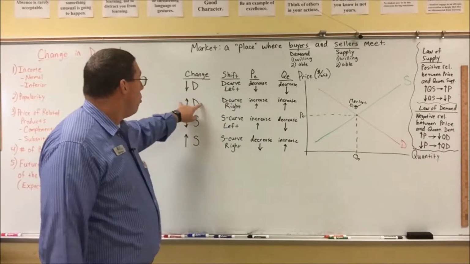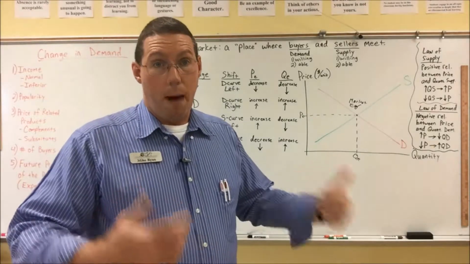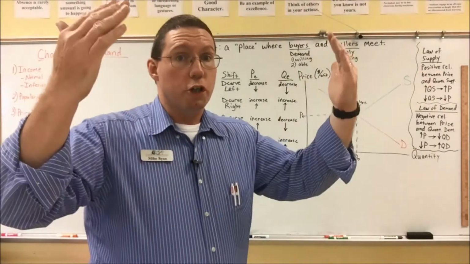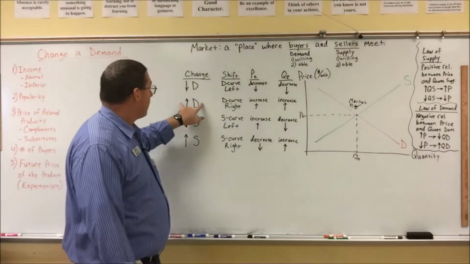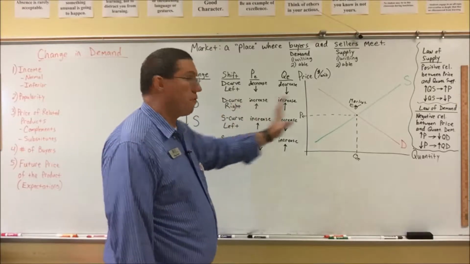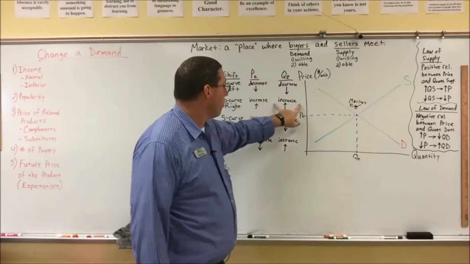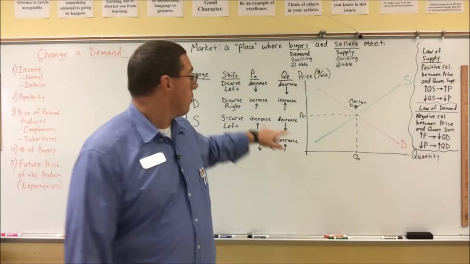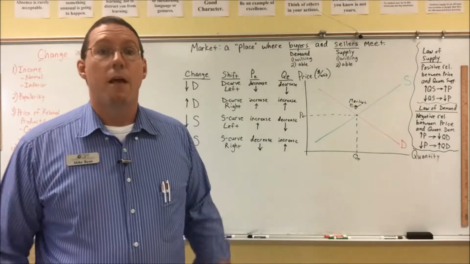But when the willingness and ability of buyers to buy gets larger, they're more willing or more able, then demand increases, and the demand curve shifts to the right, causing an increase in equilibrium price and an increase in equilibrium quantity.